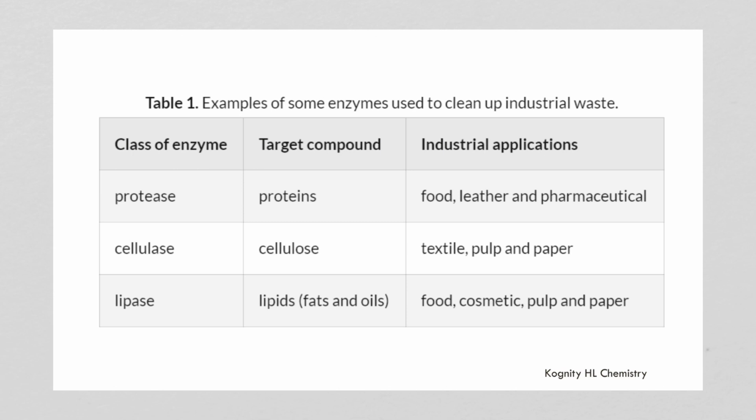Proteases obviously work on proteins, so they could be used to clean up excess food waste, leather, and pharmaceutical waste that's been disposed of. Cellulase works on cellulose, so that can work on textiles and pulp and paper. And then lipase works on lipids, or fats and oils, so we can use that to clean up food waste, cosmetic waste, and pulp and paper as well.